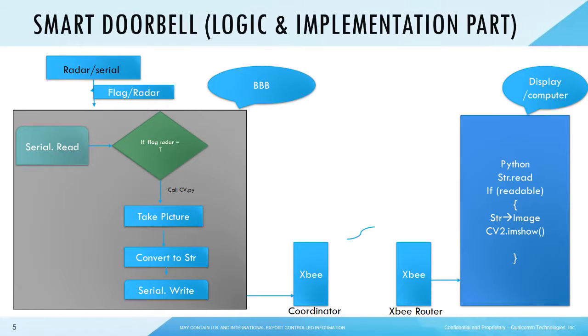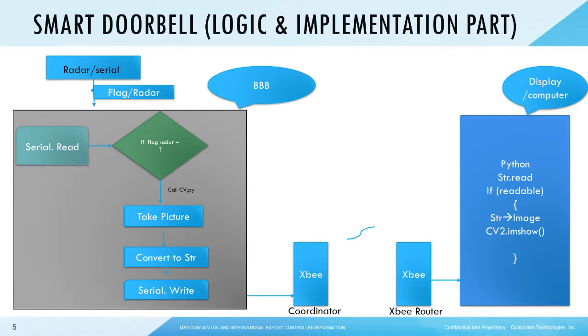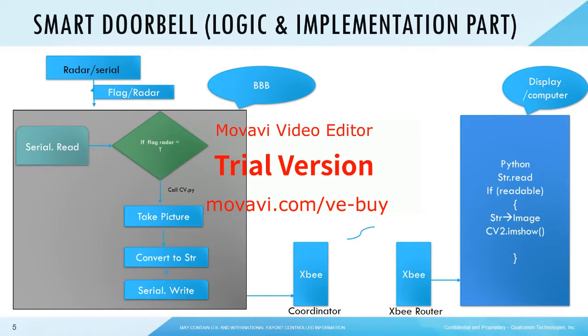On the right side, when the serial port receives the string, the Python script on the remote laptop takes the string, reconverts it to a proper image file, and then using this cv2 imshow library method, it displays the file, which is again recompiled from the string received over the ZigBees.